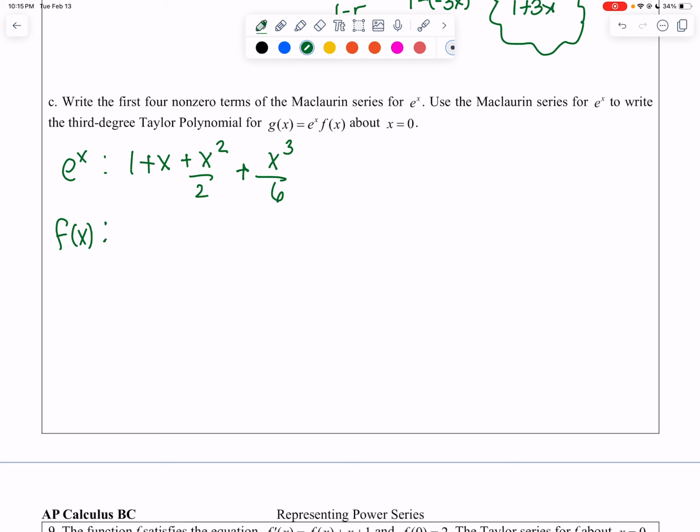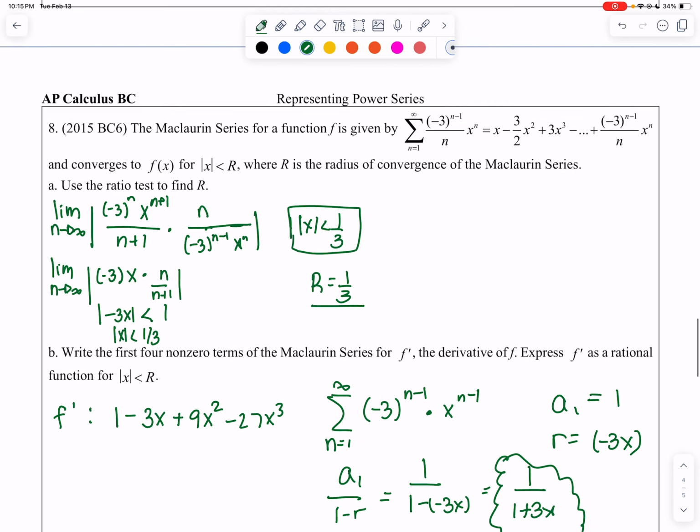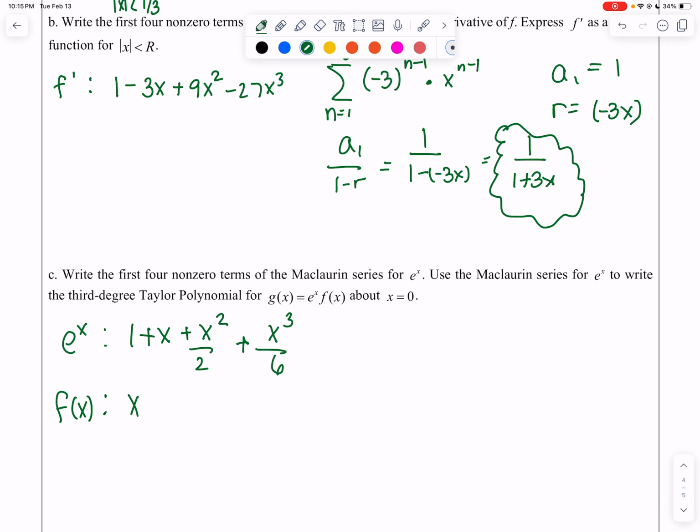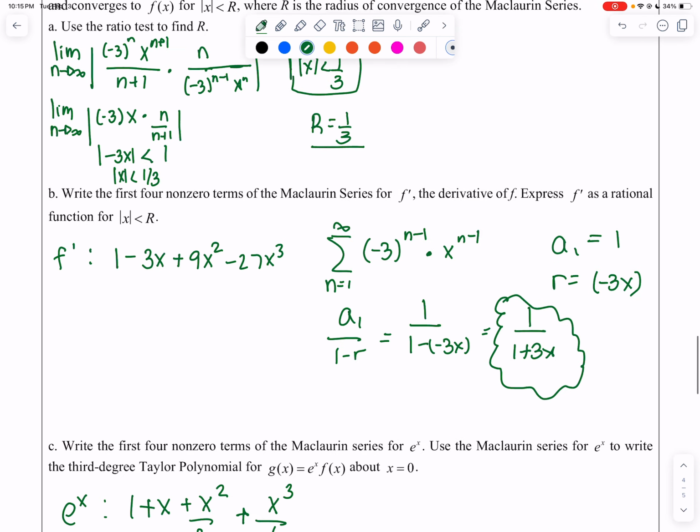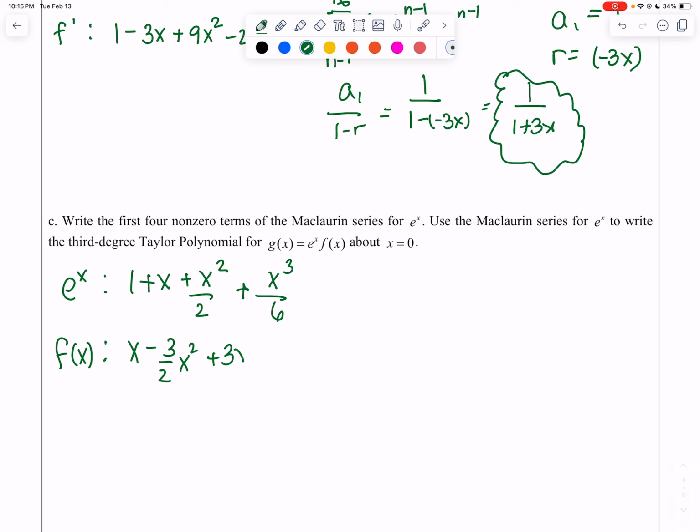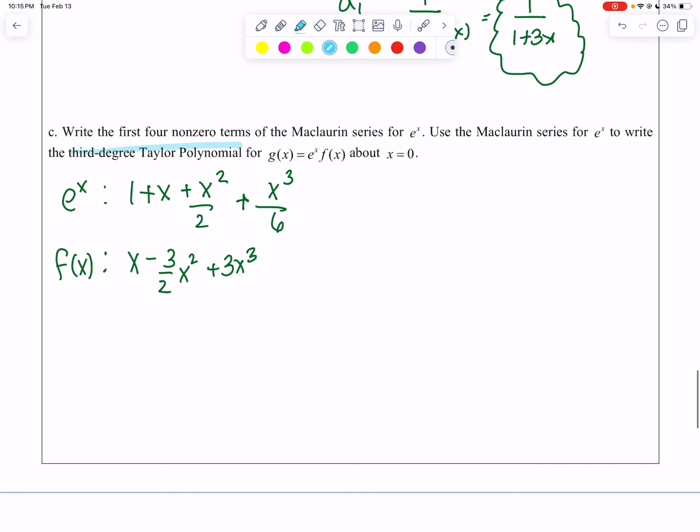All right. f of x is x minus 3 halves x squared plus 3x cubed. We're only going to be stopping here because it asks us for a third degree Taylor polynomial. So that's what we're going to be doing here.